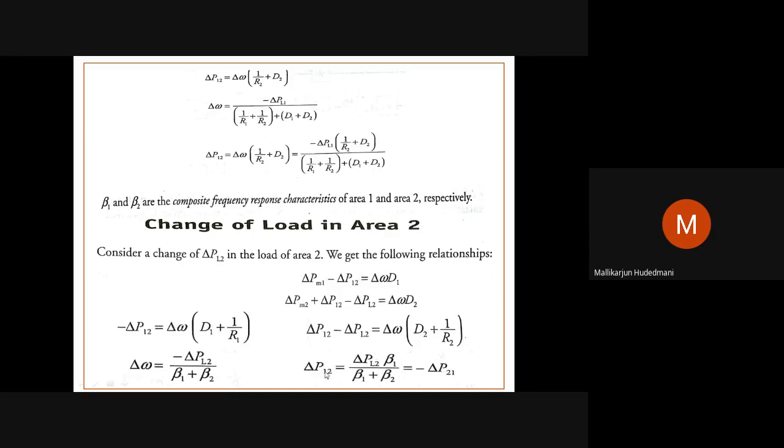It means delta P12, power flowing from 1 to 2, is exactly opposite to power flowing from 2 towards 1. Hence we have one negative sign over here. So this is the representation.